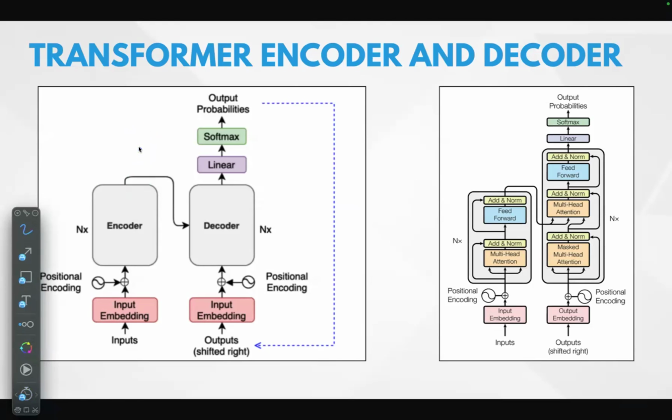Let's say you want to translate from English to Hindi. What we first do is try to understand the sentence said in English. Let's say it's something like how are you? You first try to understand what how are you is. And that is what the encoder does. It gives you a middle representation.